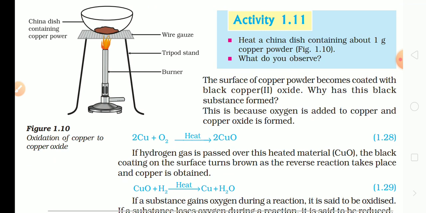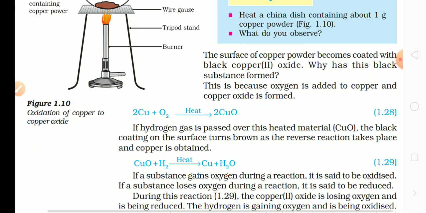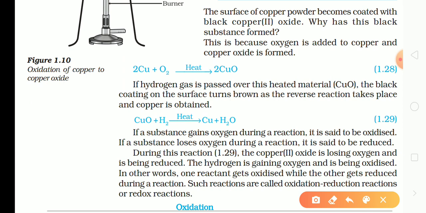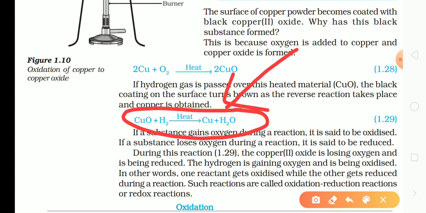You can see the corresponding chemical equation: 2Cu. Copper is reacting with oxygen in presence of heat to form copper oxide, and for balancing they have given the coefficients too. And if we pass hydrogen gas into that copper oxide powder, we can get back the copper metal.